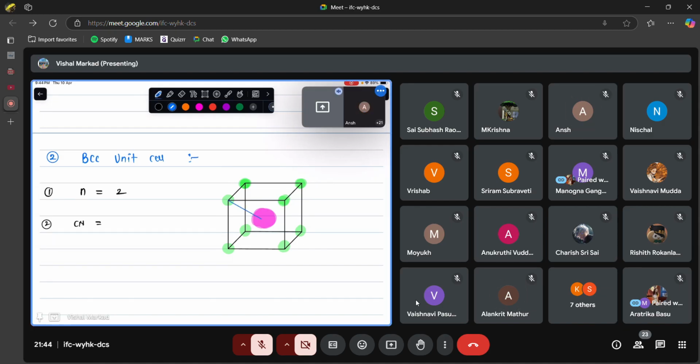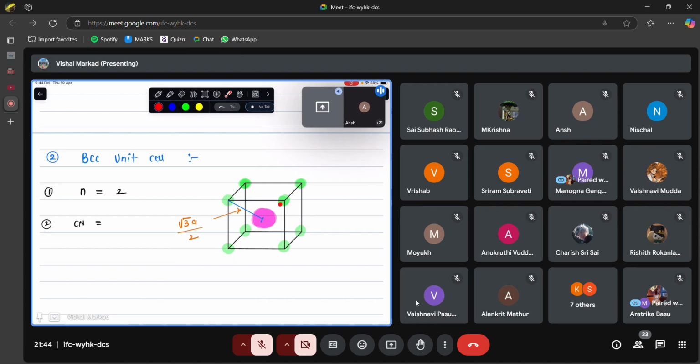Are you understanding? Okay, so this distance will be root 3a by 2, and this will be the nearest distance. Now you tell me what can be the coordination number here? Think, this pink atom is attached to how many nearest neighbor atoms? 8, right?